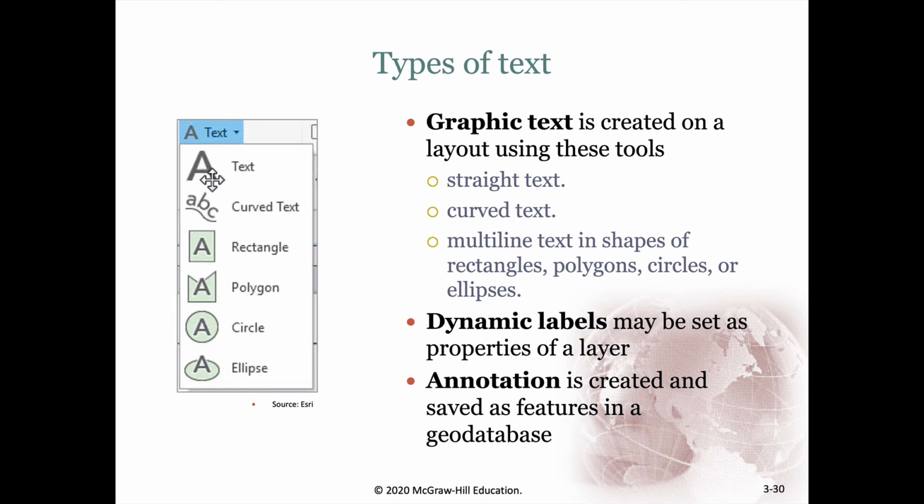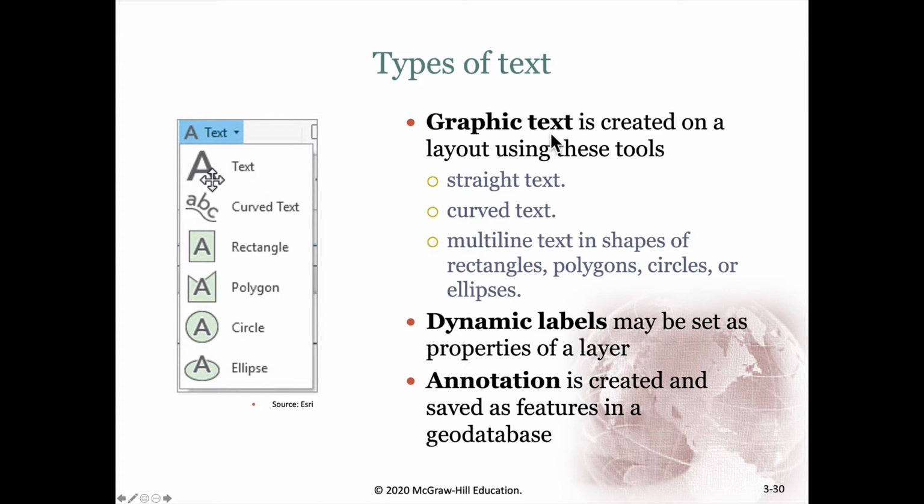You can also add text to a map layout. If you're labeling things, that should be done in the map display itself. But once you get to the layout, you might want to put something on there that gives the reader some more information that's very specific to the layout. And here you want to use graphic text.